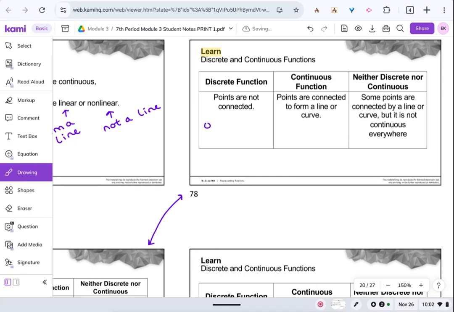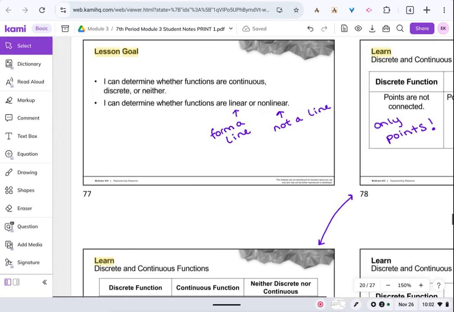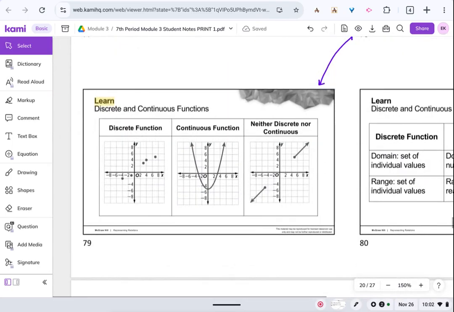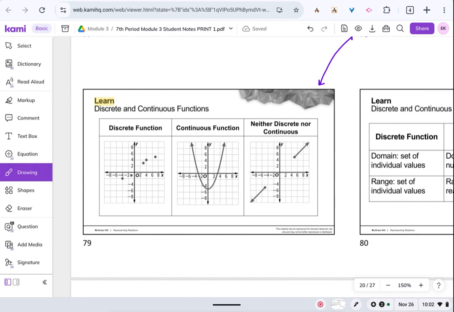One thing that I want you to note on here, it's only points on my graph. If that's the case, then we call it discrete. If you look down here on slide 79, notice that this graph here just has points. So there's no lines or curves or anything. So that's a discrete function example.